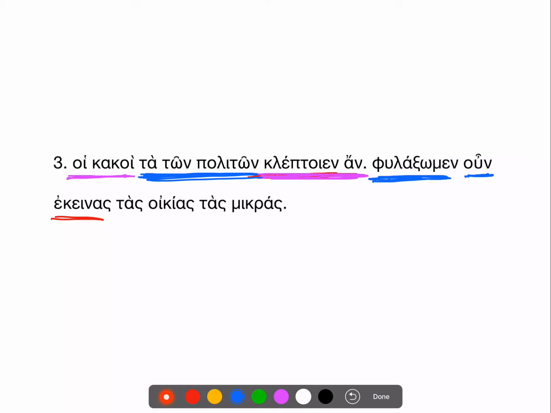So let's guard those houses, the small ones. So let's guard those small houses. The bad guys might be stealing the stuff of the citizens. So let's guard those small houses.